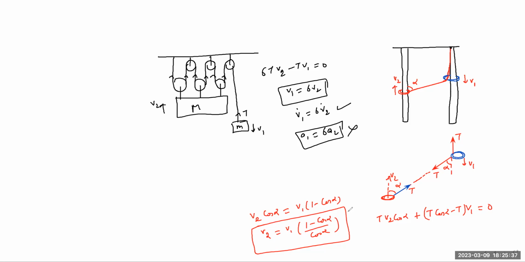But if I do not want to use the principle of virtual work, the T dot V relation, do we have some alternative? So the most fundamental constraint relation is that the length of the string is constant, right?